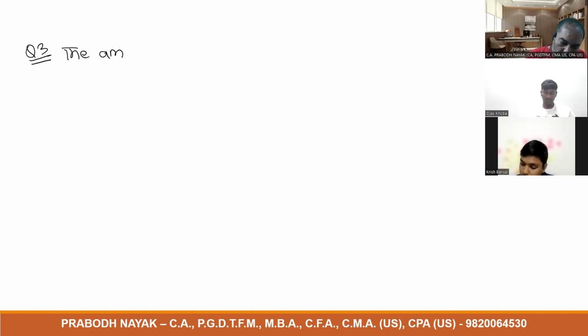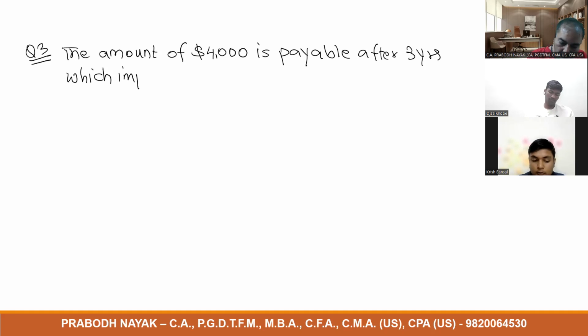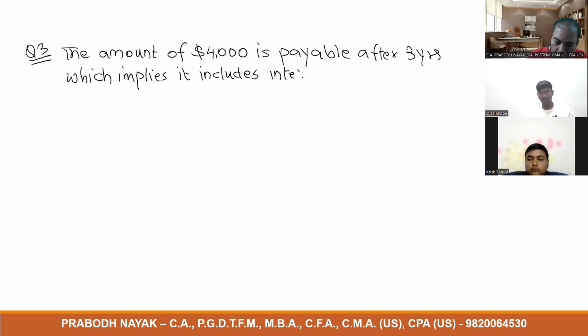The amount of $4,000 is payable after 3 years, which implies it includes interest at 7% per annum.